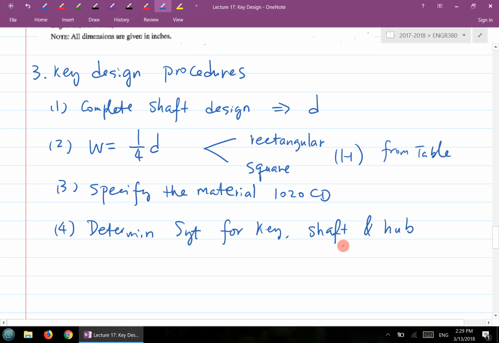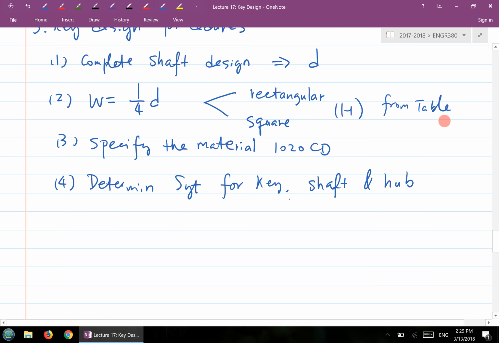you're actually designing the key based on the shaft or the hub material. So whichever is the weakest material among these 3, that's the material property that you will use for the key design, the length design calculation. So that's why at this stage, list all the properties for the 3 different materials.